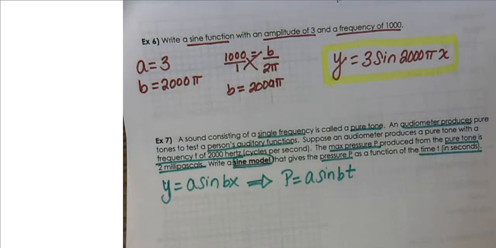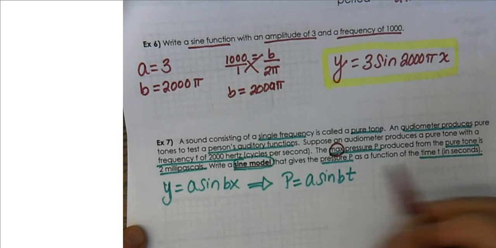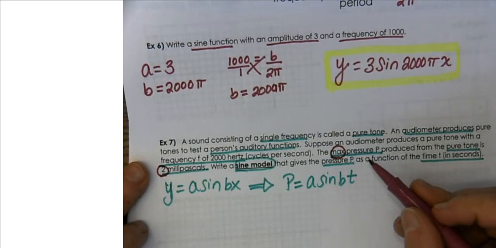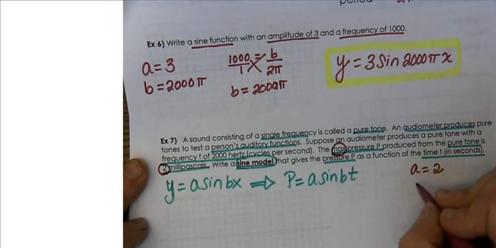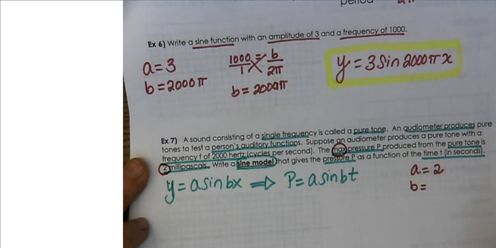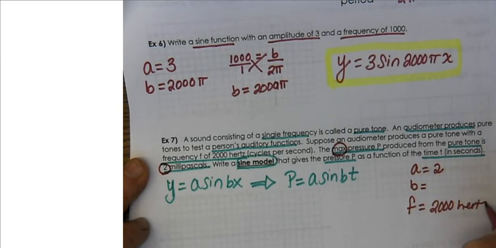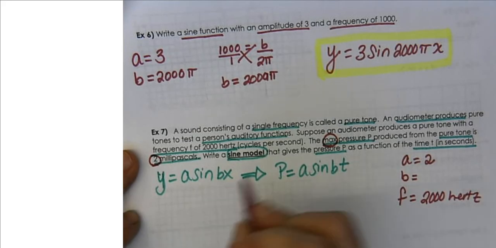Regardless, do you see how we have a max pressure of our pure tone is 2 millipascals? That max of 2 means that our A value is going to be 2. But our B value, we do not know what that is, but we do know that the frequency is 2,000 hertz.